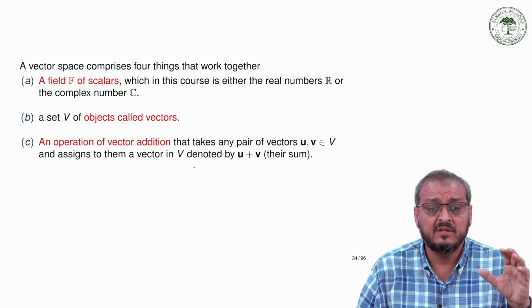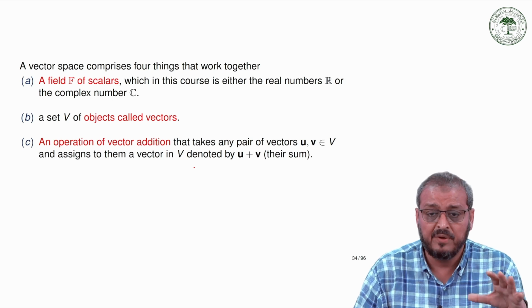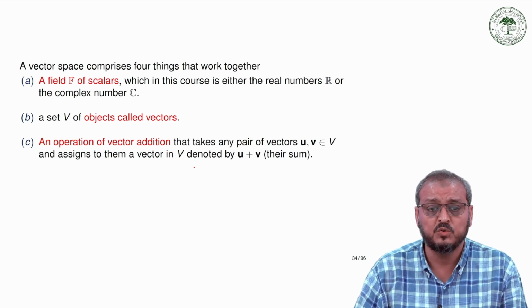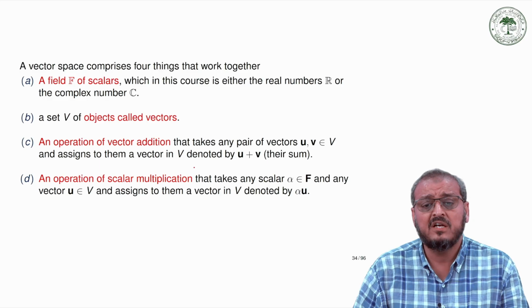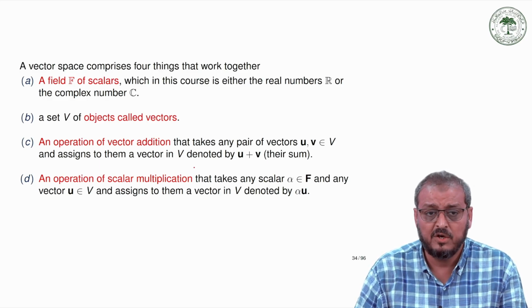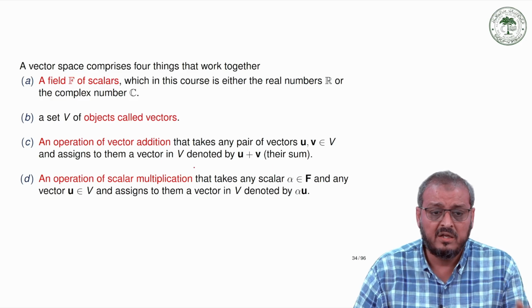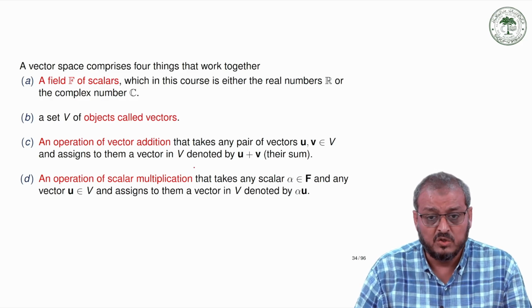We have an operation of vector addition that takes any pair of vectors u, v belonging to V and assigns to them a vector denoted by u plus v, their sum. And an operation of scalar multiplication that takes any scalar alpha, an element of the field, and any vector u belonging to V, and assigns to them a vector in V denoted by alpha u.